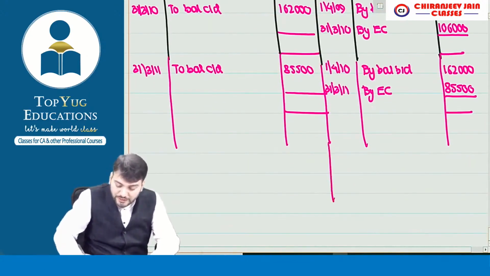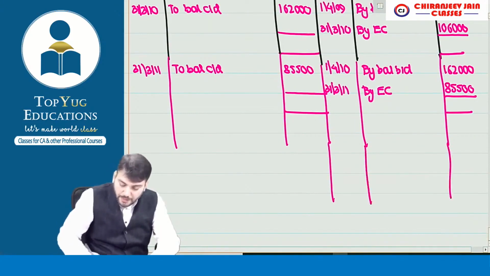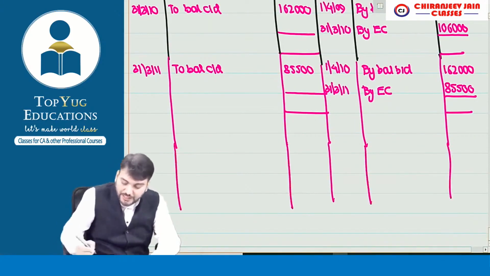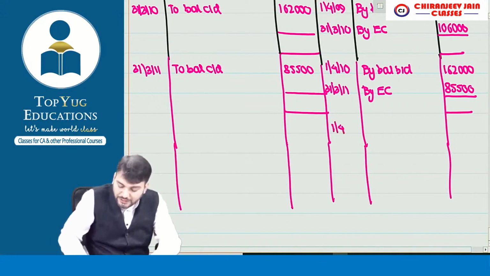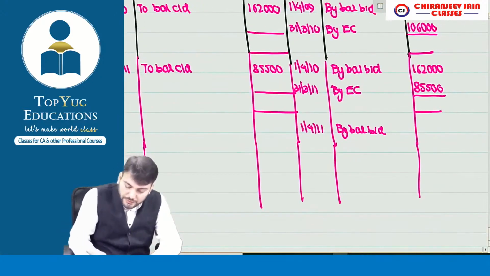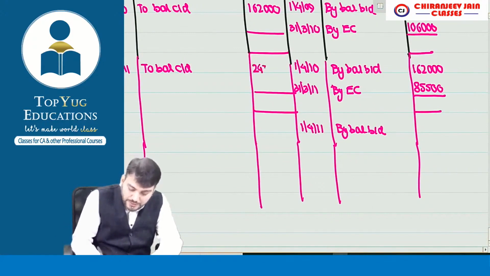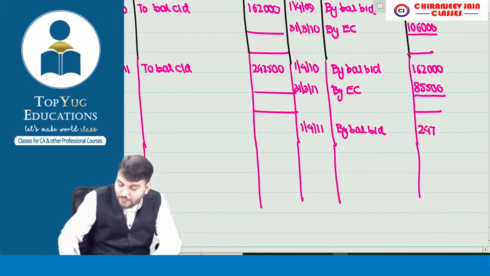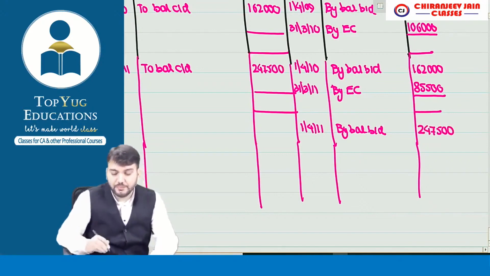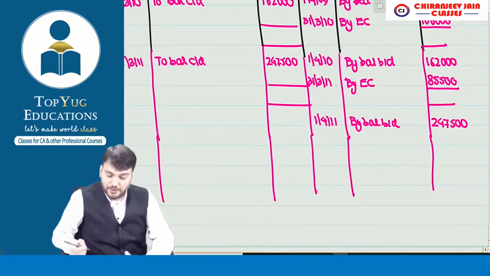Then we'll come to the exercise period and extend it for the next year, 1/4/2011, by balance brought down, that is, sorry, this total is 2,47,500. Understood?